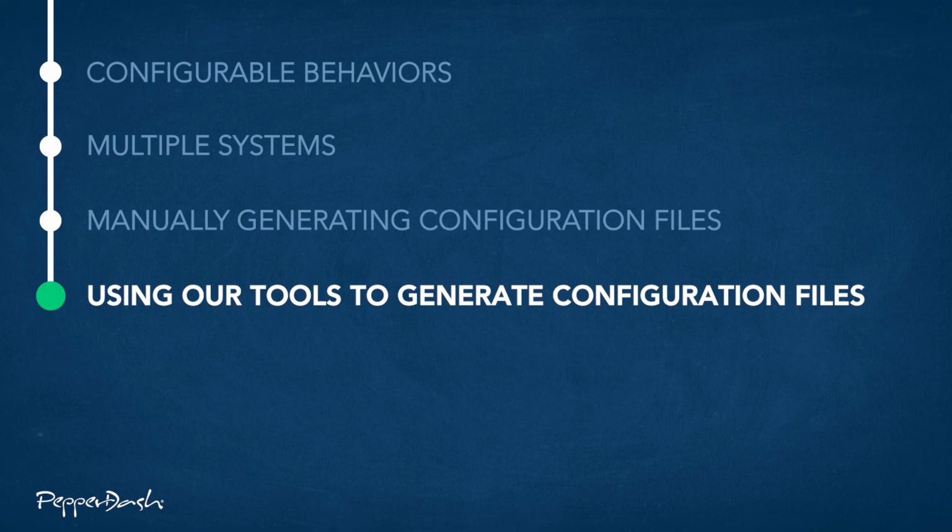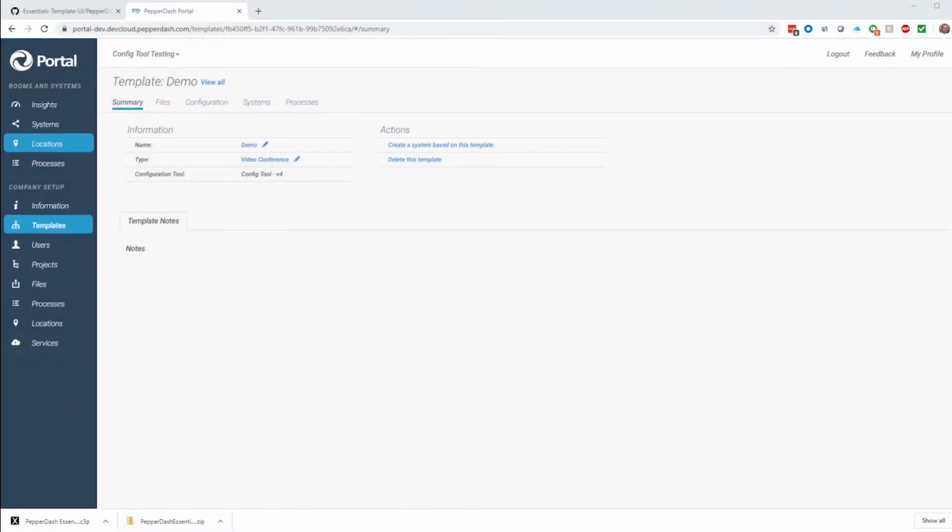Okay, so let's briefly talk about some of the tools we've developed to make generating configuration files easier. So here we're looking at the PepperDash portal web interface, and this is our development environment, and I've got a company called Config Tool Testing selected. And right now I'm viewing one of the templates for this company.